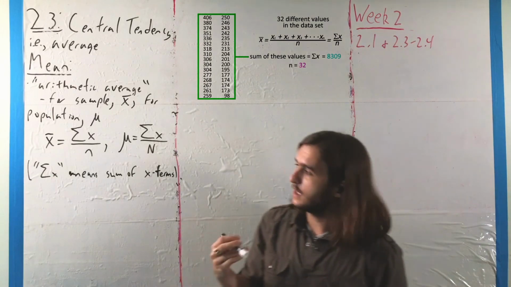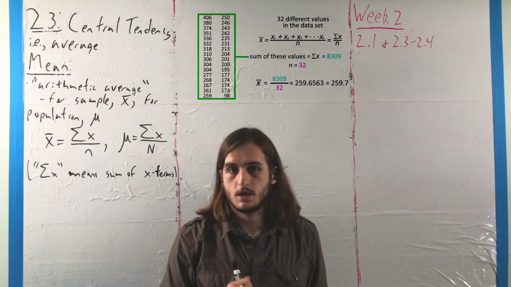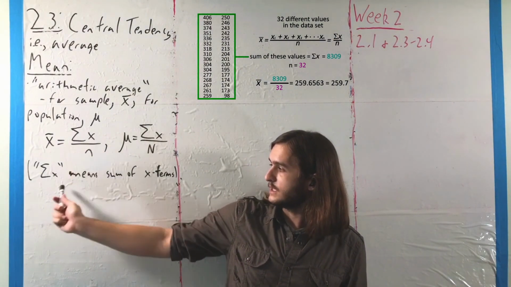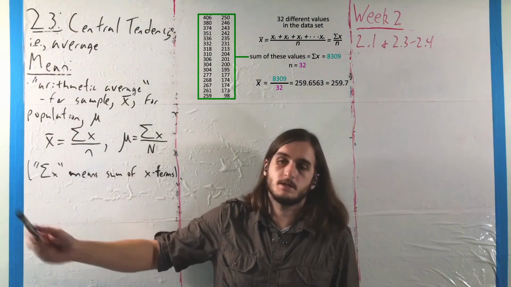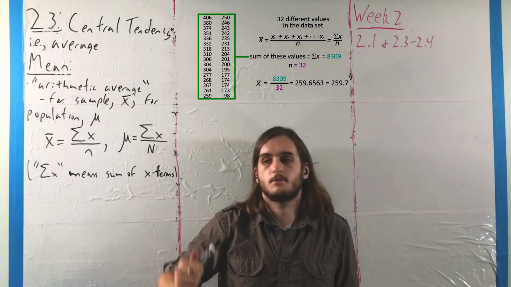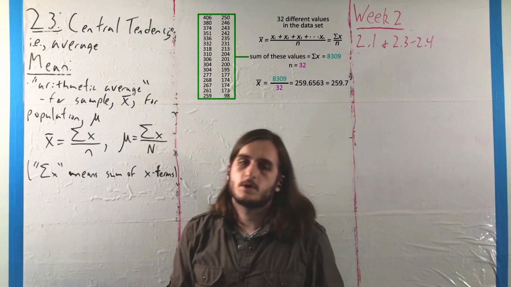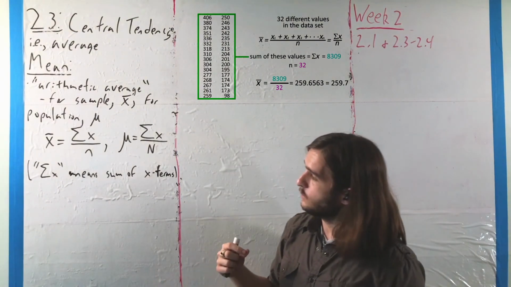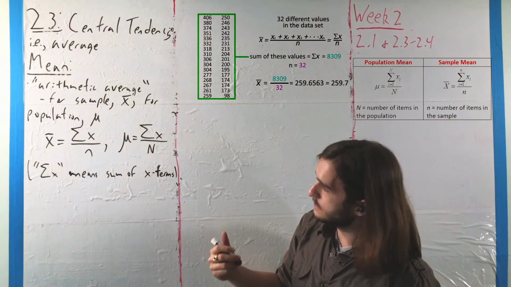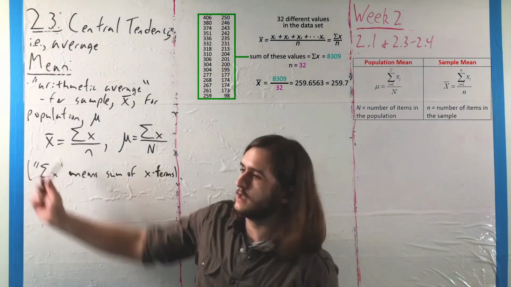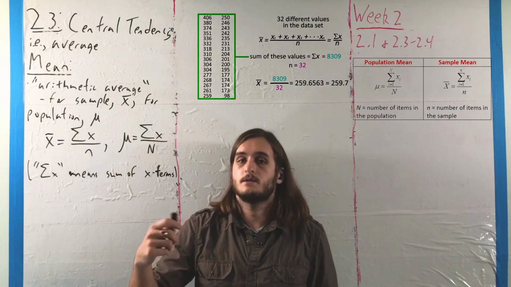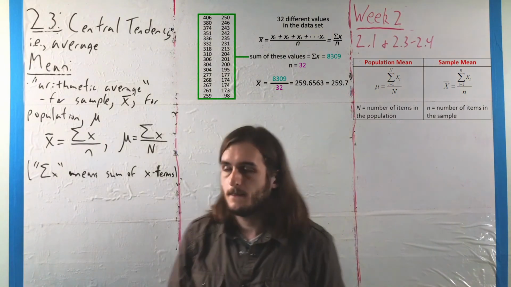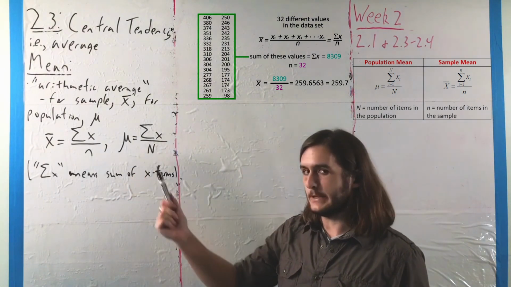When we're doing that, we have this specific notation that we work with, where we are taking the sum. That's what the capital sigma means: take the sum of, and then we divide it by the number of things. Because we're talking both about populations and samples, we have slightly different ways to talk about it. When we talk about a sample, the sample mean is denoted x with a little line over it, that's read x bar. Meanwhile, when we're talking about a population, the population mean is the Greek letter mu.